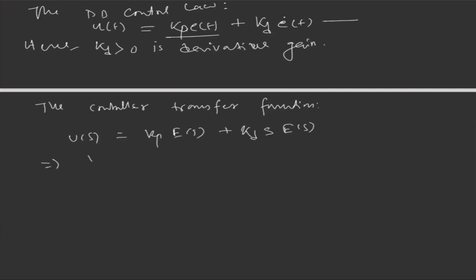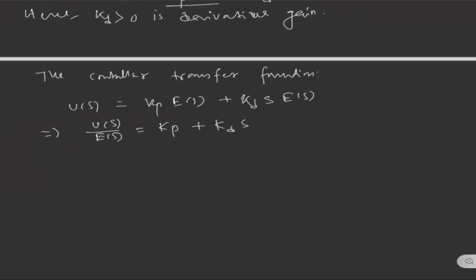And from this, we can write U of s divided by E of s equal to Kp plus Kd s. So how can the sustained oscillation be damped out using the PD control?